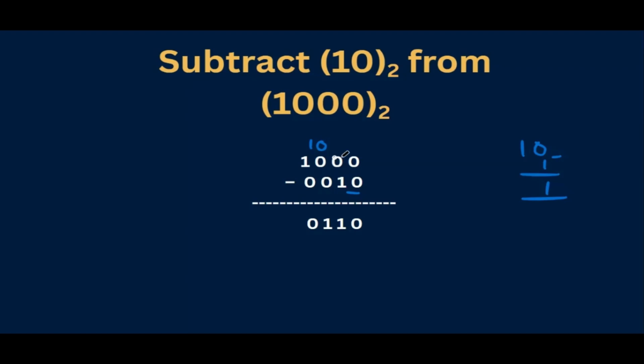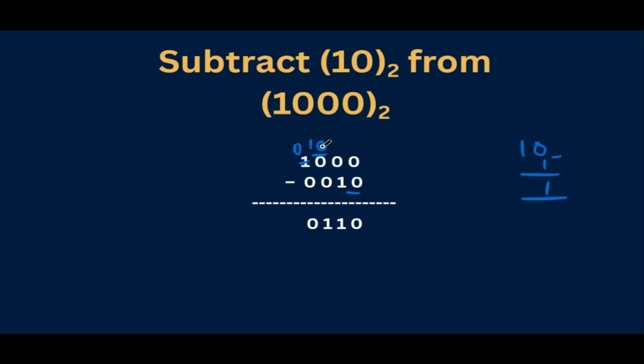So, we borrow from this number 1 to this digit. And this 0 becomes 10. And this one becomes 0.